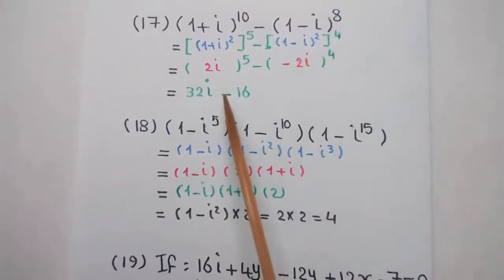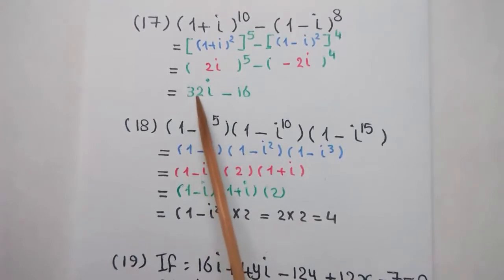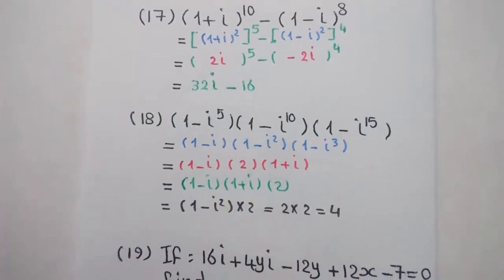(Negative 2i) power 4 equals 16. So 32i minus 16.